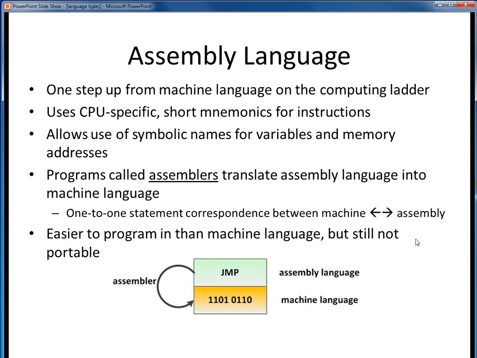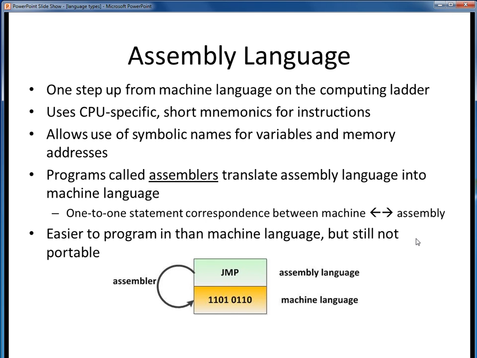Assembly language is still not portable between CPUs, which means that the assembly language for one CPU cannot be understood by another CPU. Despite this, it's still far more preferable to program in assembly language than in machine language. As application programmers, we still would not prefer to program in assembly language, but there are circumstances in which assembly might be preferred.